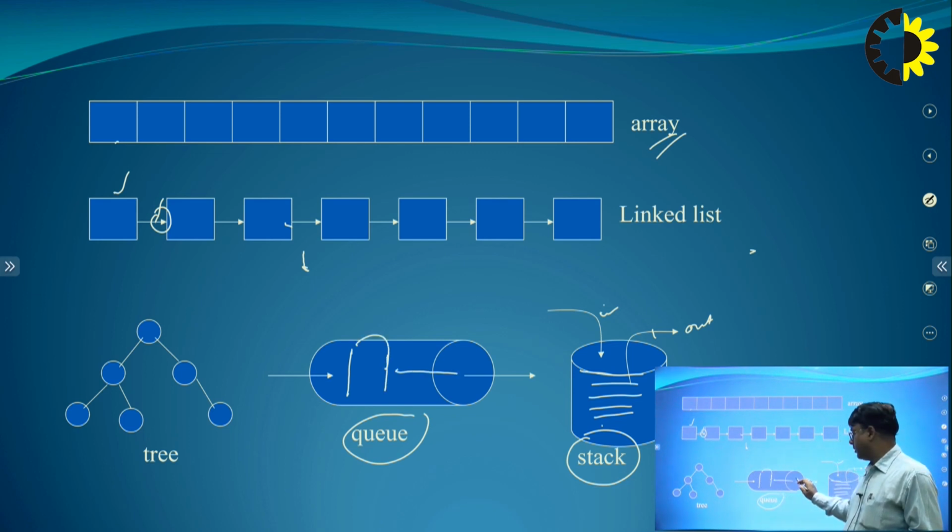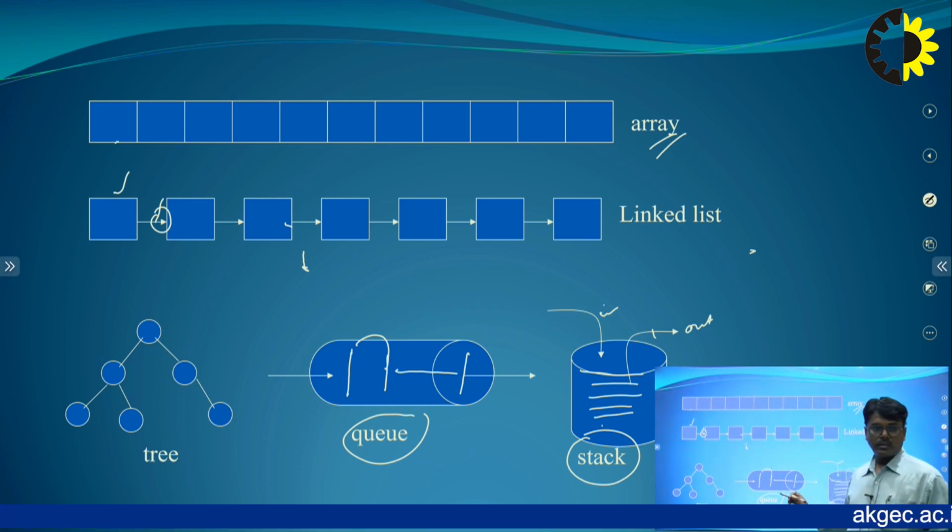Similarly it reaches the front, meaning first come first served. Whatever data is queued first will come out first.